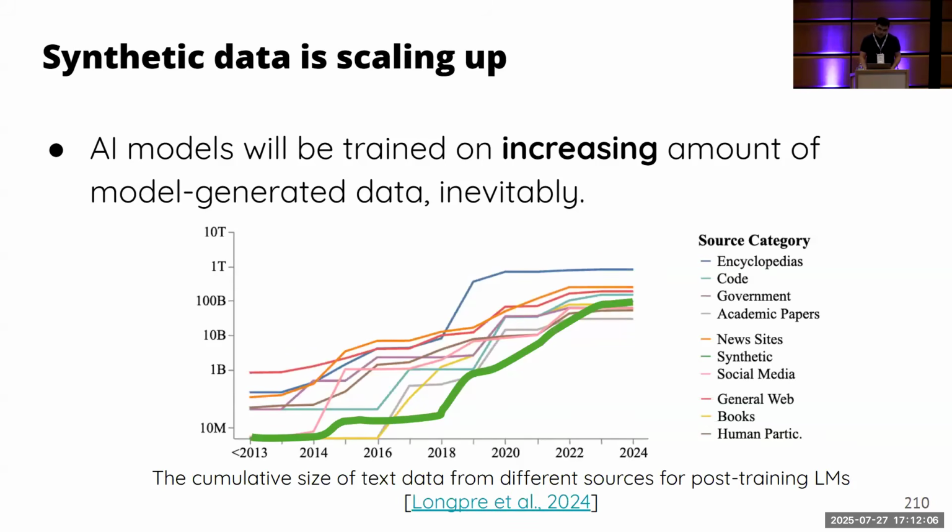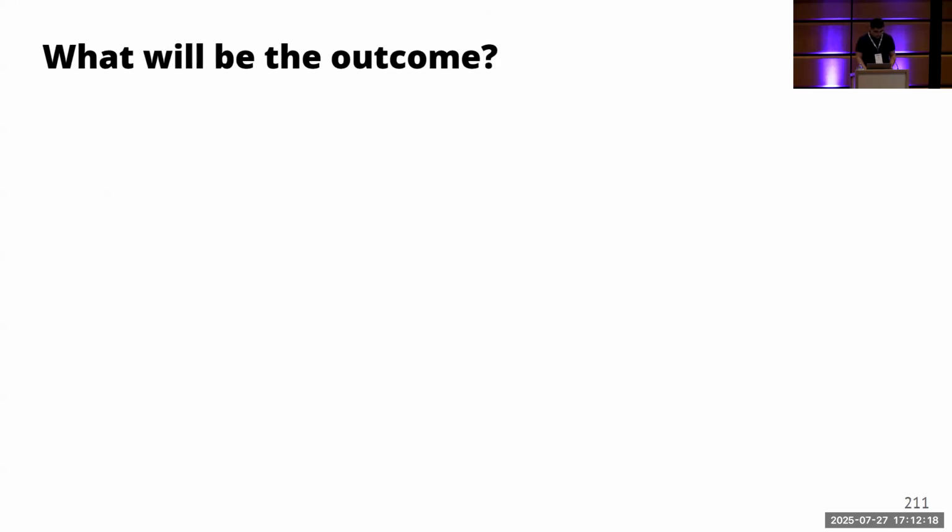A publication on Nature last year revealed this trend that synthetic data sets are growing much faster than the other data sources in post-training language models. So we want to ask, what are the possible outcomes of this scaling of synthetic data?